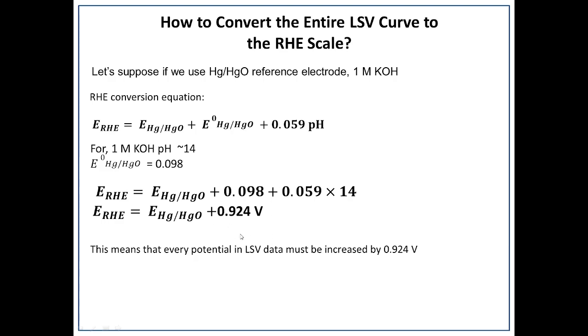When we simplify it, we get E_RHE is equal to E_HgO plus 0.924 volt. So what does this mean? This means that every potential in the LSV data must be increased by 0.924 volt for the conversion to the RHE scale.